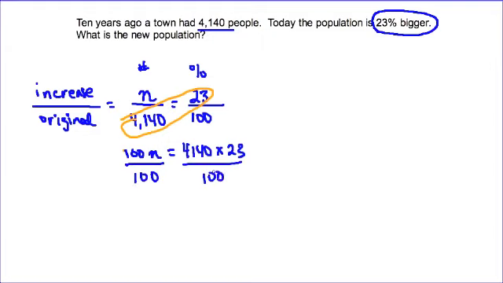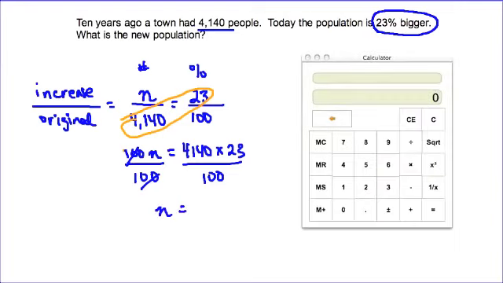Now I'll get my calculator out and punch all this in at one time. 4,140 times 23 divided by 100 equals 952.2. We can't have 0.2 of a person, so I'm going to round this to 952.